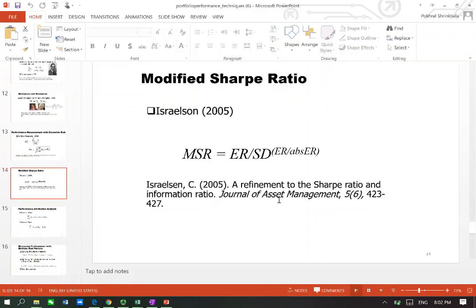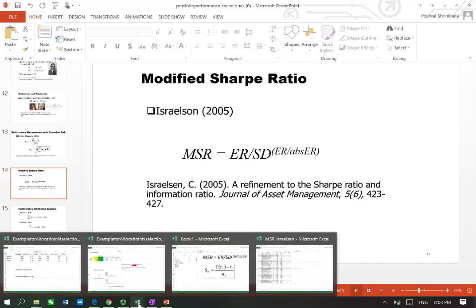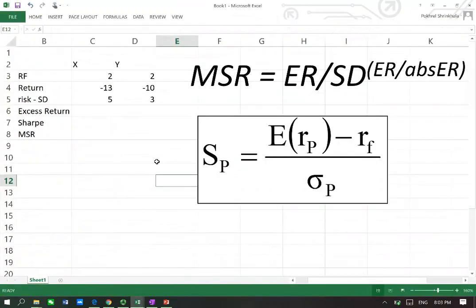Okay, we understood from my previous video that modified Sharpe ratio is useful when the excess return is negative, because the Sharpe ratio in the case of negative excess return can provide counterintuitive interpretations. So here is the numerical example for modified Sharpe ratio.